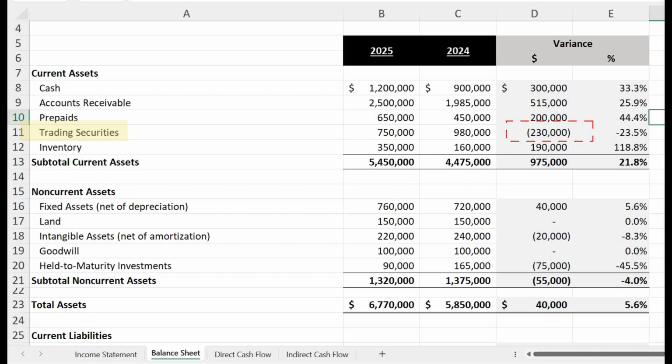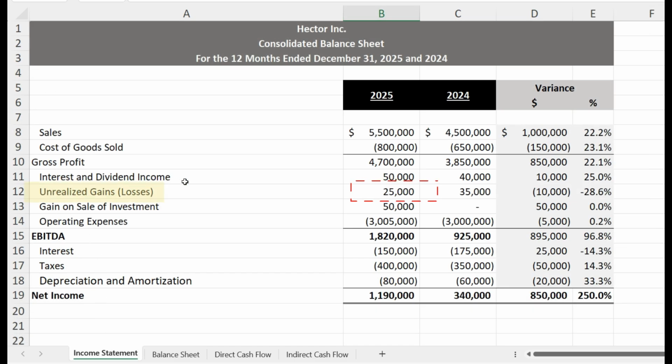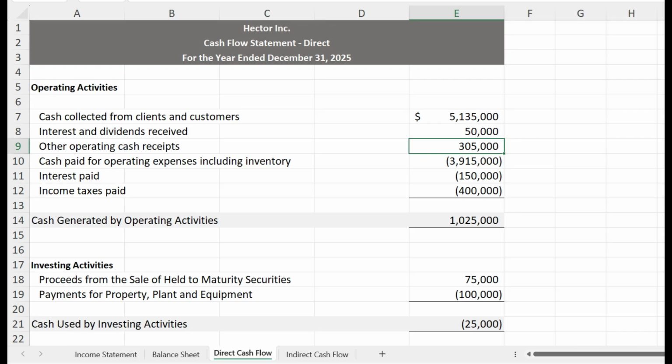But we also want to factor in the impact of trading securities, so we're going to take that from the balance sheet. And the last piece we're going to grab is unrealized gains from trading securities because they impacted the balance sheet change for trading securities. So I want to make sure I factor in that as well so I have the full cash impact from that sale that took place in 2025. So those are my cash inflows.